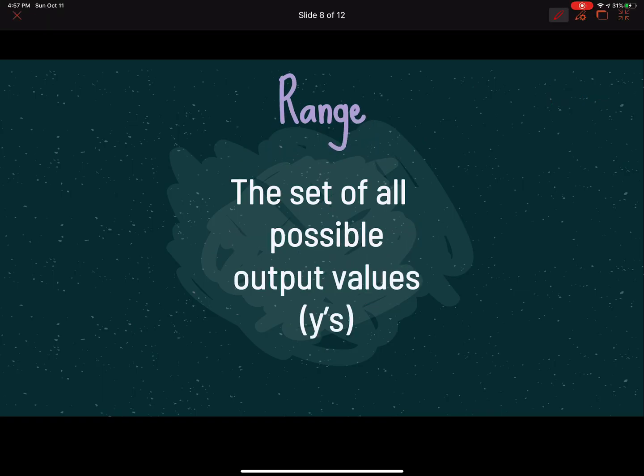Okay, we also are going to talk about range. So if domain is our x value, range is our y values. So that set of all possible output values, or y's, is our range. So our range is our y values.